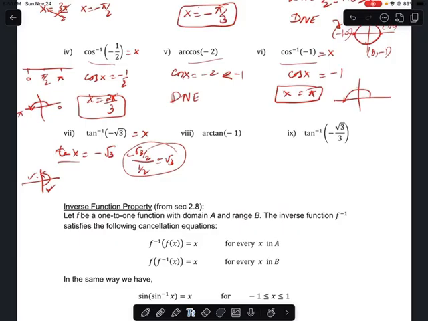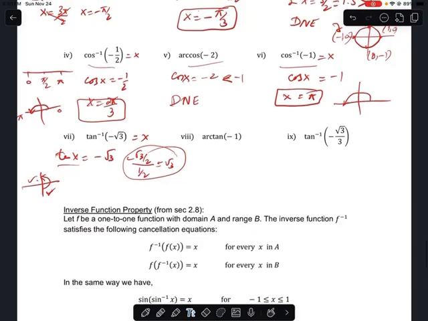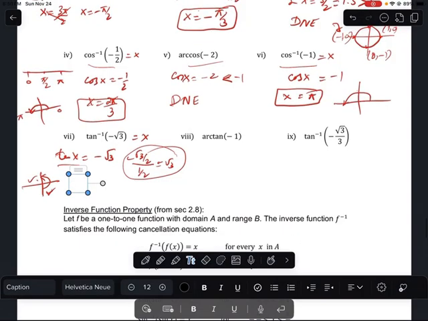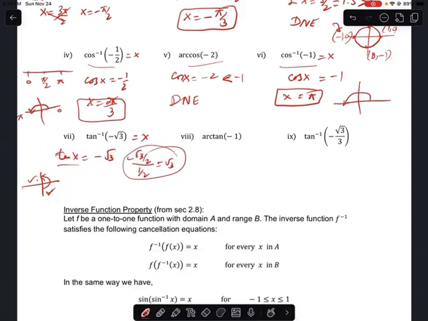Tangent will be negative in the second and the fourth quadrant. So the answer can be here or here, but since it's negative, it has to be in here, because for inverse tangent we are looking for in there.